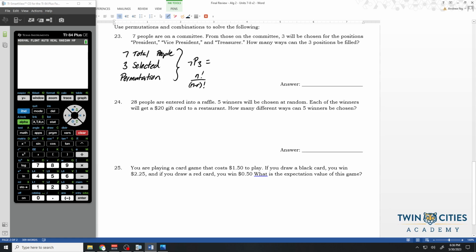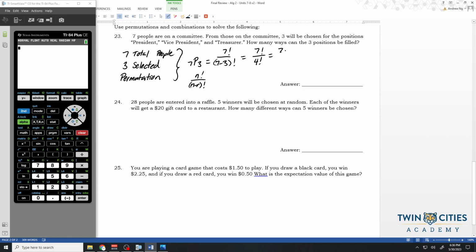N is your first number, that's the total, and r is the second number, that is how many of the total are selected. So in this case, this will be 7 factorial over 7 minus 3 factorial. So this is 7 factorial over 4 factorial.